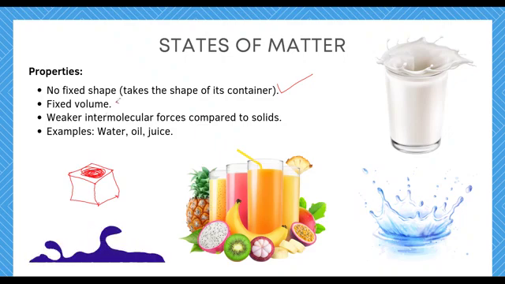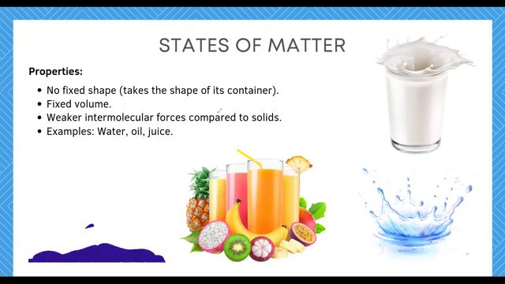Read the second one and explain to us what you understand by the point. Okay, sir. Fixed volume. From our understanding, what it means is that when a liquid has a fixed volume, like when it takes the shape of the container or an object, it takes the volume of that object.